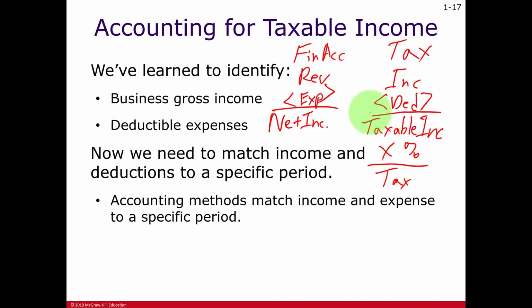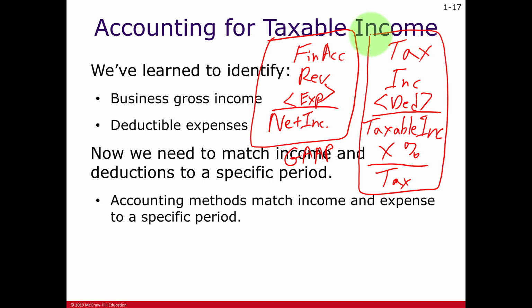So when you prepared financial statements, like an income statement, you were using GAAP rules, generally accepted accounting principles. Now, when you're preparing your tax return, you're using tax laws. We're going to see though that one of the expenses here on your financial statement is the income tax for the year.